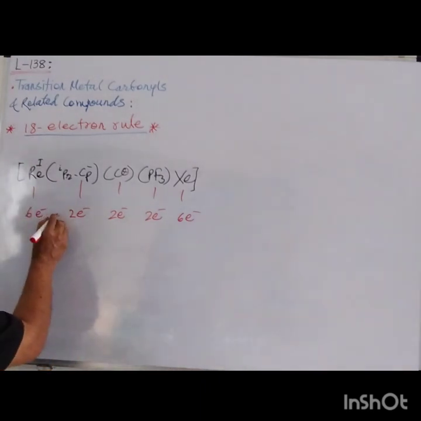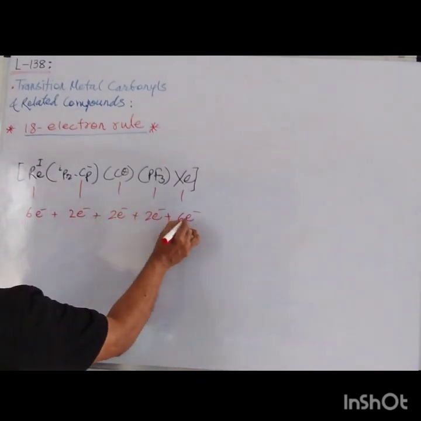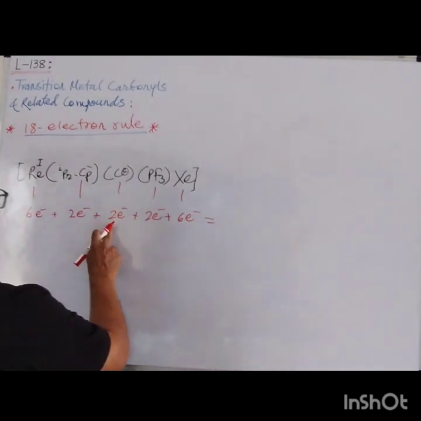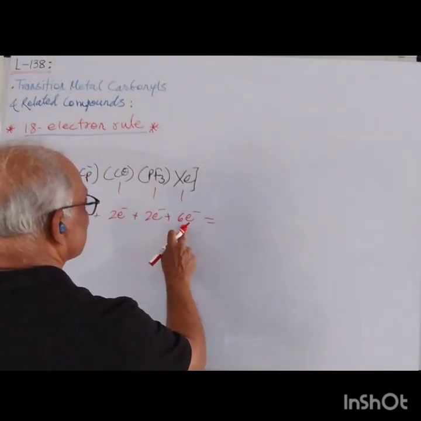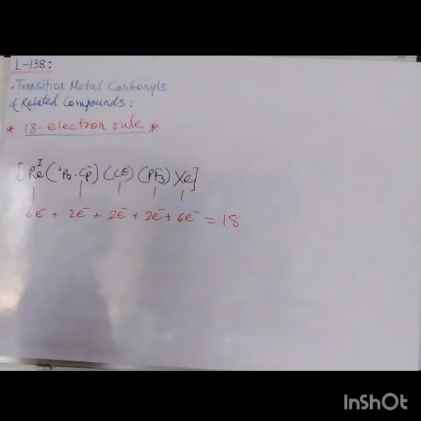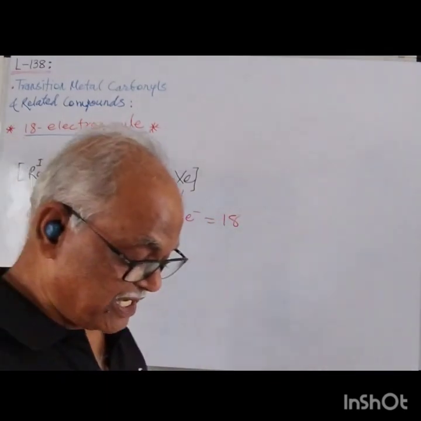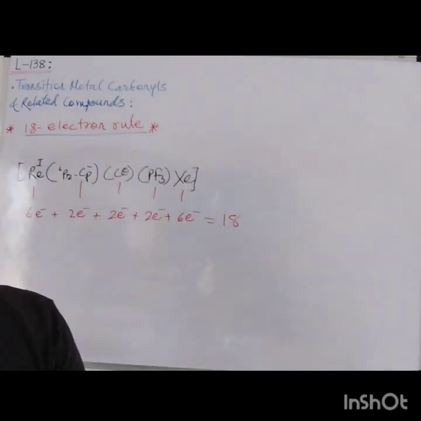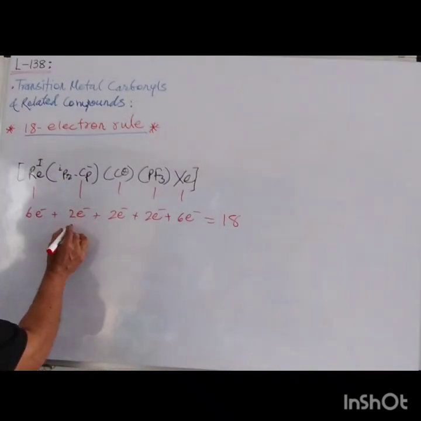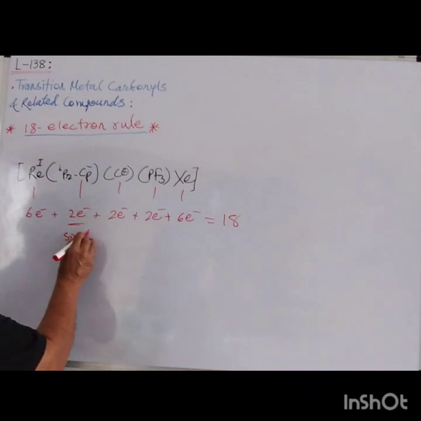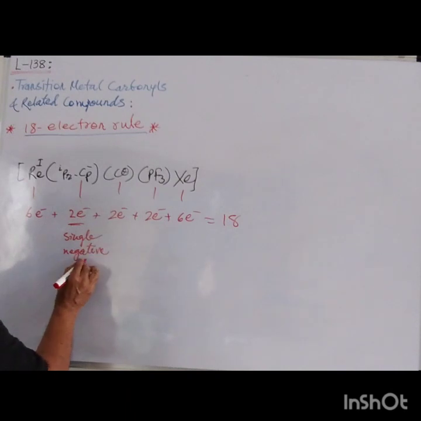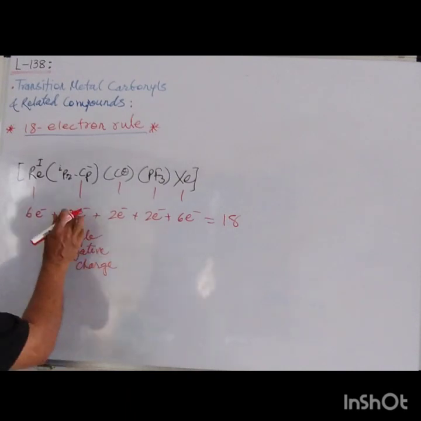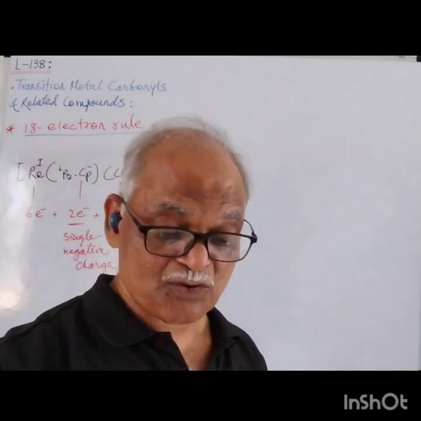So if we add these, we will get 6 plus 2, 8 plus 2, 10 plus 2, 12 plus 6, 18 electrons. So in this way, we can get this electron count. Here, this donor is specifically having single negative charge. So we are taking here 2 electrons.